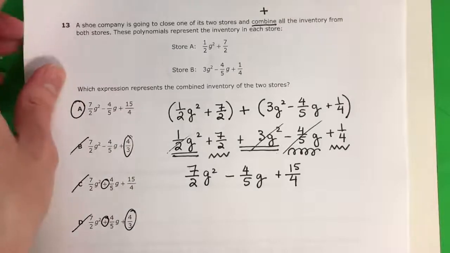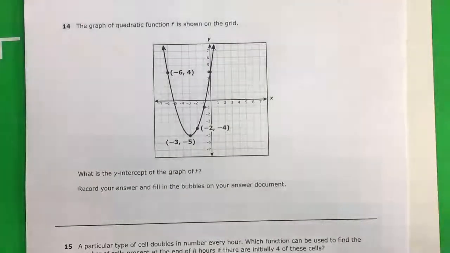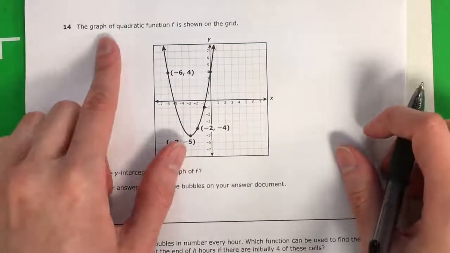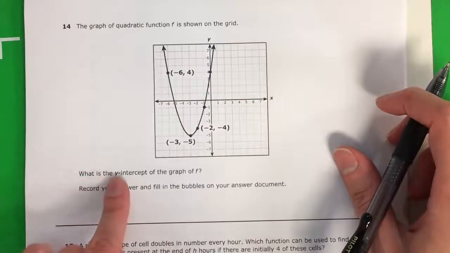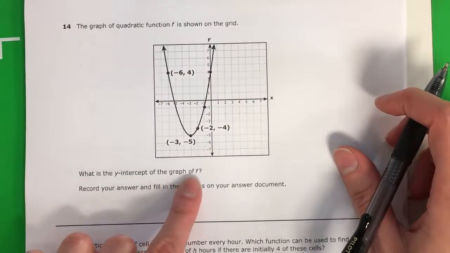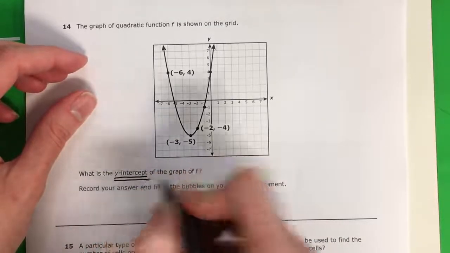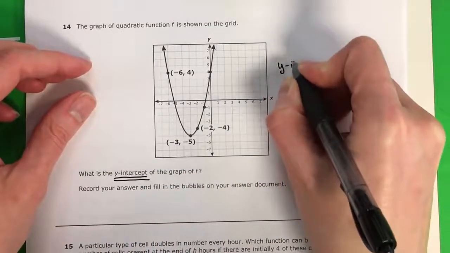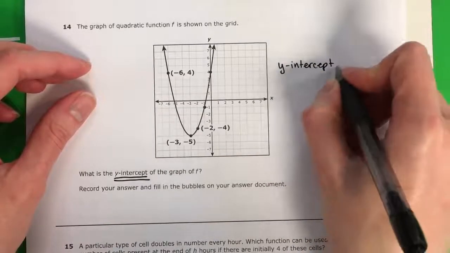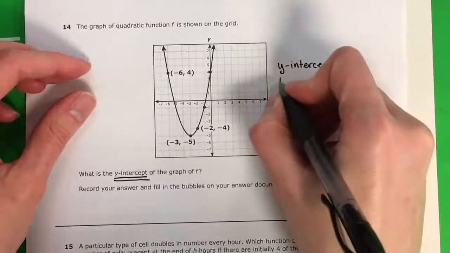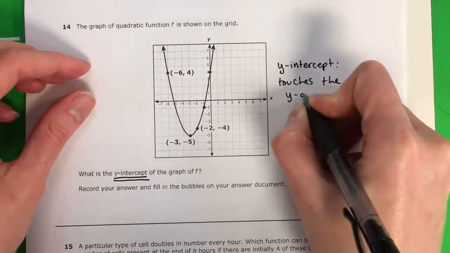Okay, let's go ahead and continue to number 14. The graph of quadratic function f is shown on the grid. What is the y-intercept of the graph of f? Okay, so I need to find the y-intercept. And just so you know, y-intercept is where the line touches the y-axis.